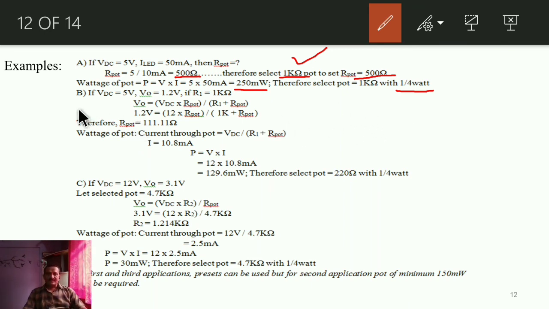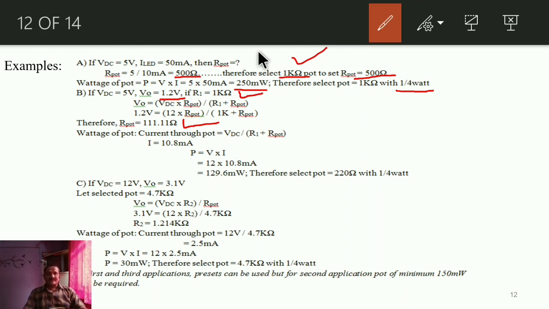Now in the second example, if VDC is 5 volt and our requirement of VO is 1.2, I require the output voltage of that node by voltage divider as 1.2. If the selected first fixed resistor is 1K, what should be the value of the potentiometer? Using the voltage divider, you can simply determine the value of that second resistance R2, set by the potentiometer, as 111.11 ohm only.